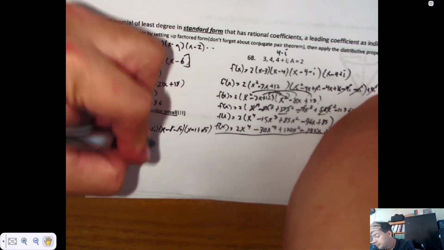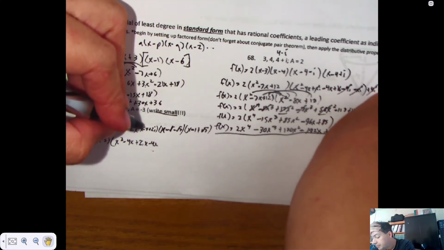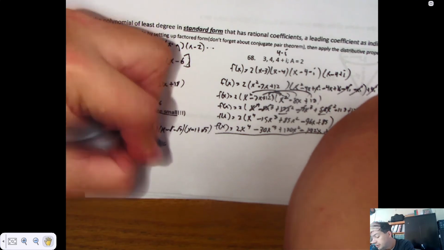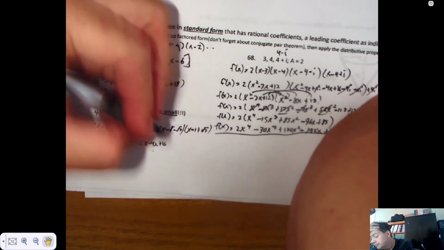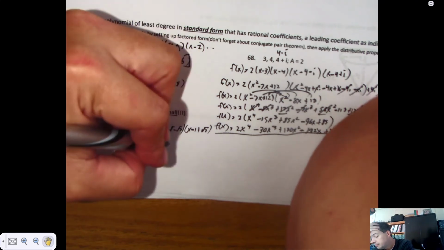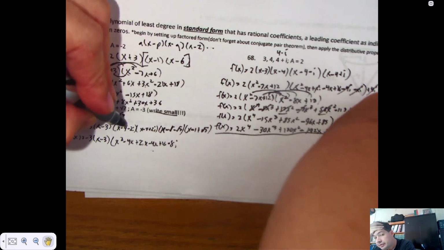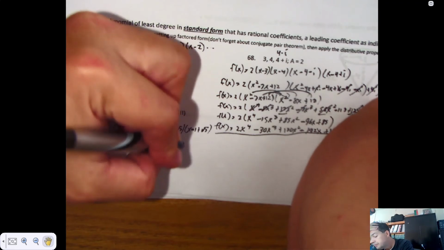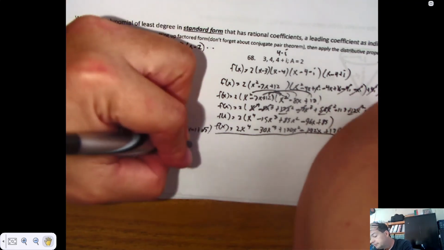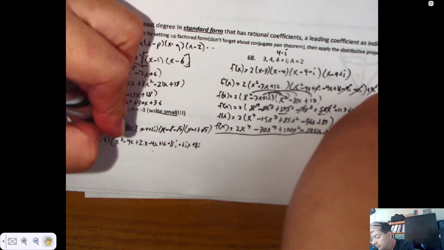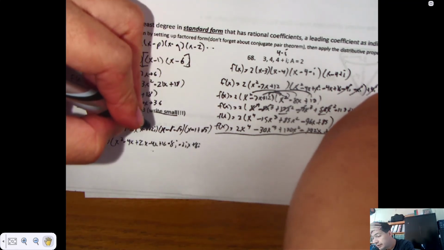Minus 4x plus 16. Where am I at? Minus 4i squared. Sorry, minus 8i. Now I'm at the negative 2i, so minus 2ix plus 8i minus 4i squared, which would be plus 4.